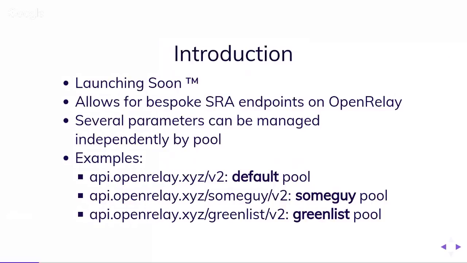Then we have, just as some examples, api.openrelay.xyz/someguy/v2, some guy's pool that's some guy's custom set of orders. And then api.openrelay.xyz/greenlist/v2 is a pool we haven't launched yet, but hope to soon, which will include all of our greenlisted tokens, which are the tokens that we want to directly put in front of our users.